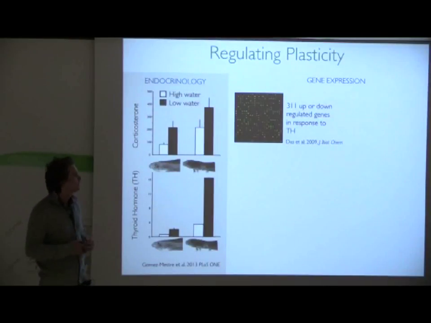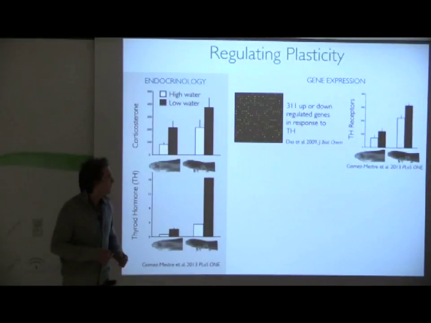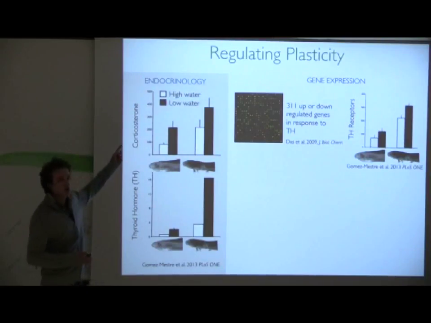And we know that there's a fairly large number of genes that are directly responsive to different levels of the thyroid hormone. And in Pelobates too, we know that the receptors of thyroid hormone are also upregulated when you experimentally drop water levels. So this is stuff that Ivan and colleagues and his PhD students have been largely working on.